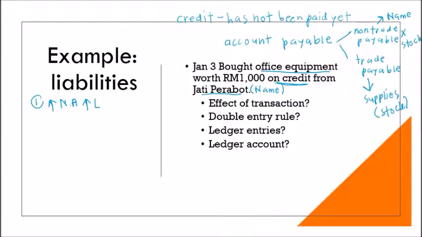So after you have determined the effect, you will go into the double entry rules. So you increase non-current asset. Non-current asset increases on the debit side. So what is the non-current asset? Office equipment. So when the liability increases, it is on the credit side. So what is the liability?